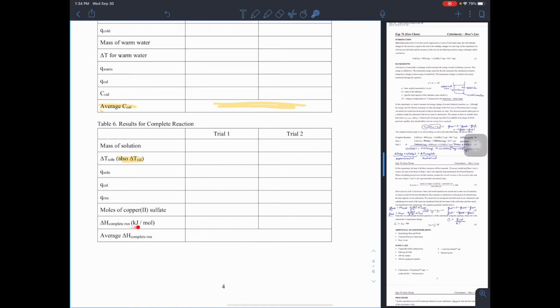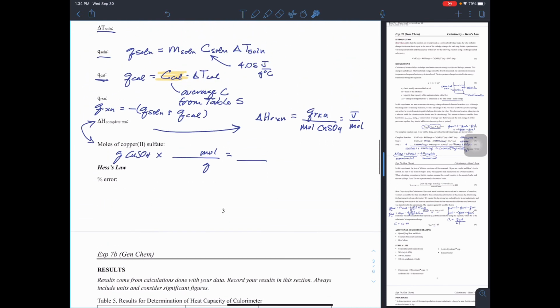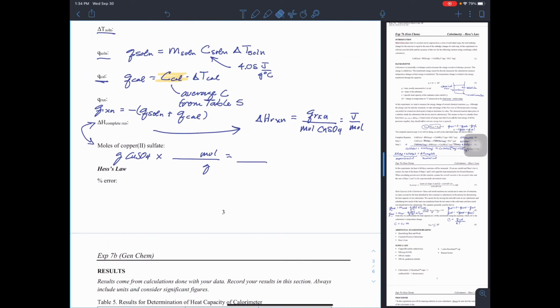It's specified here kilojoules. Okay, so we need to convert this. This will be in joules. And so we're going to have to apply a conversion factor to convert to kilojoules per mole.